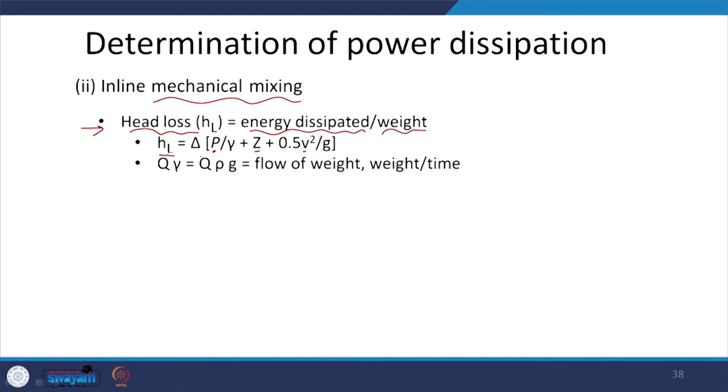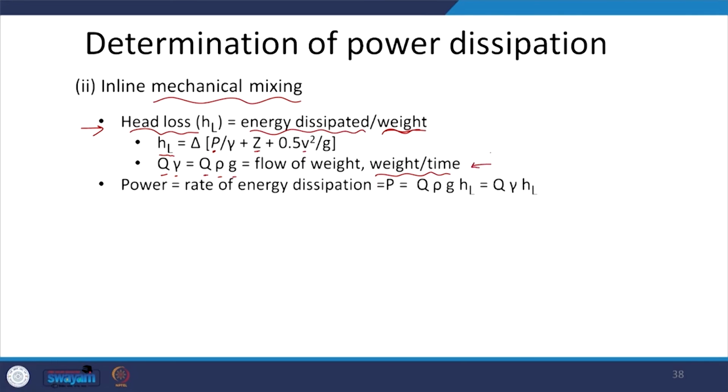Here I want to remove this weight term, so let's see how we can do that. Q into rho, or I'm going to get Q rho G. What is this? Volume per time and mass per volume, so I'll get mass per time, or weight per time, because it's G, it's not mass, it's weight per time. Now if I want energy dissipation, how will I get that?